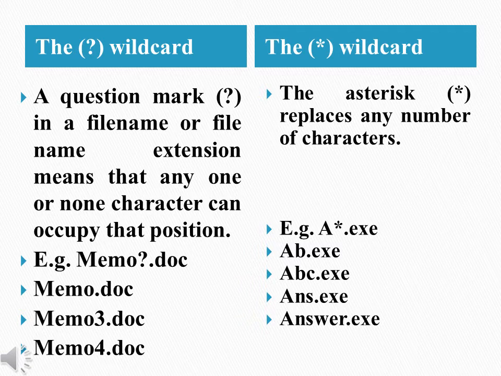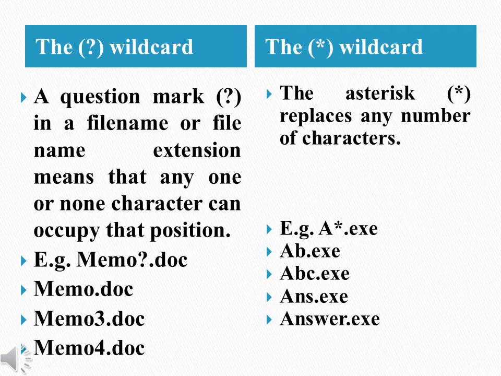For example, if you search memo?.doc, then if our file name is memo.doc, that will be displayed. If the file name is memo3.doc, then it will be displayed. If the file name is memo4.doc, that also will be displayed. That means only one character will be allowed at the place of the question mark, or no character will be allowed.